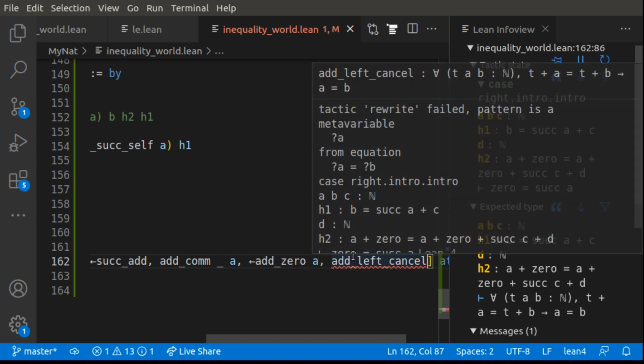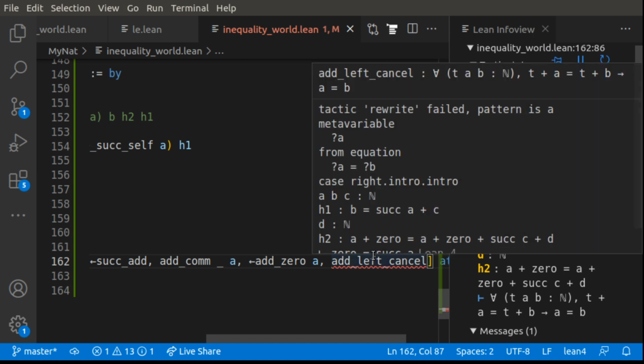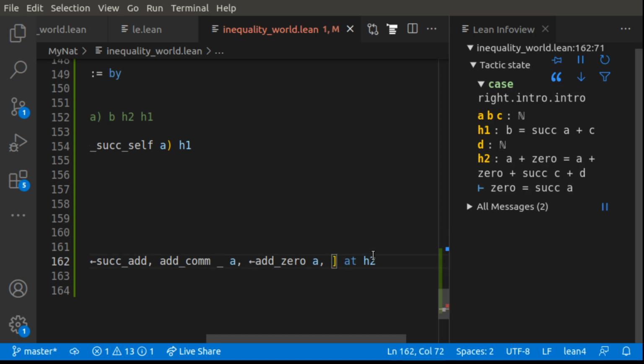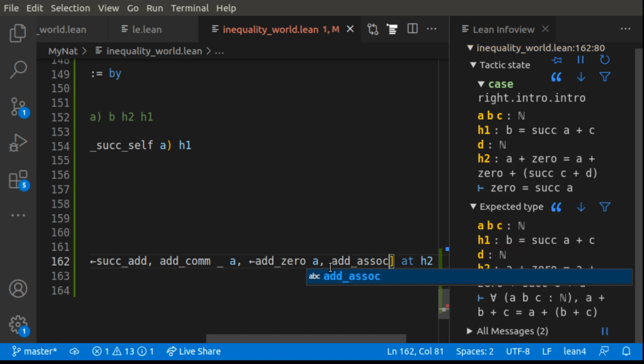T A B. Okay, we need to move the parentheses around, so it should be a plus something. Now we need to move the parentheses around here because now it's a plus 0 plus successor. So is that like add associative?